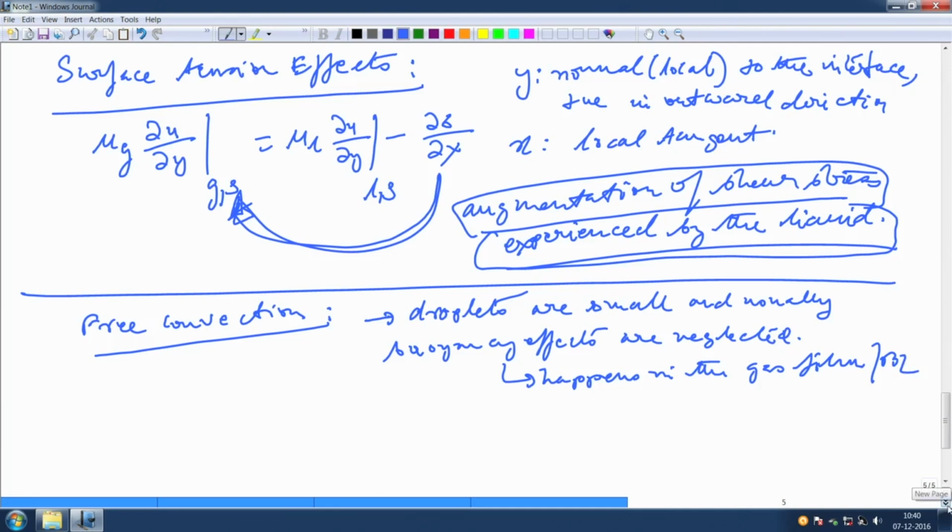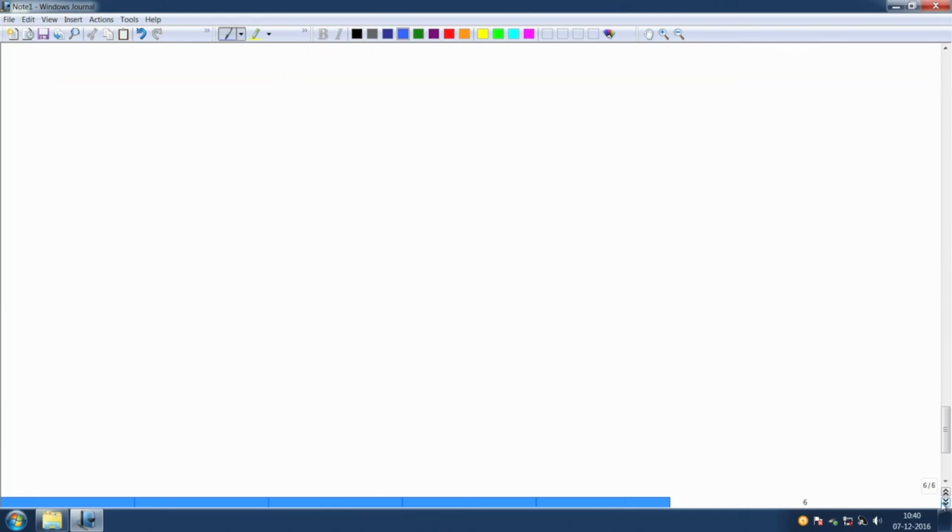Now, in some cases it may not be all that negligible. So, in order to define the effect of buoyancy, we define a number which is called a Grashof number. You know what a Grashof number is? If you do not, just open up your natural convection book and you can see what a Grashof number is.